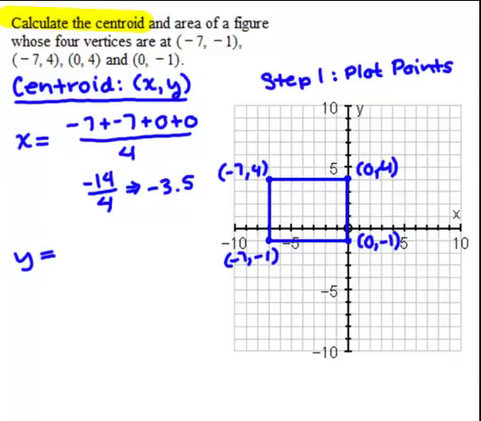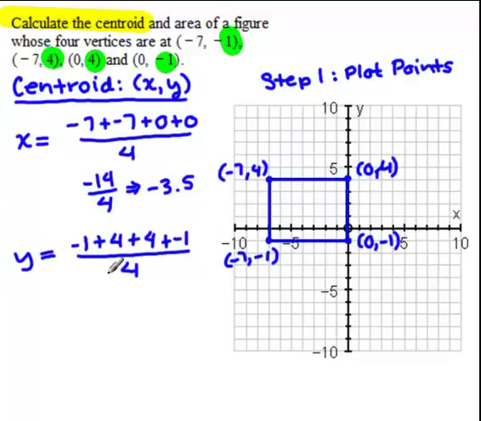To find the y value of our centroid, we're going to find the average of all the y values in the 4 points. So we'll take each one of these y values and add them up. And because there are 4 values, we'll divide by 4 again. So we have -1 plus 4 plus 4 plus -1.